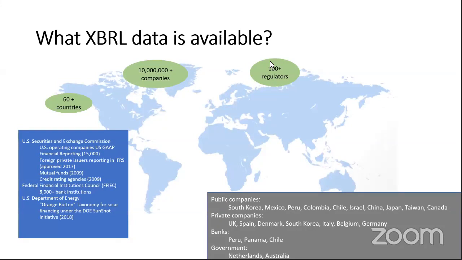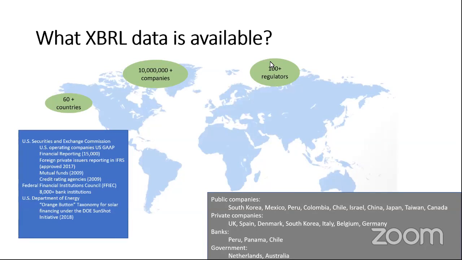So the SEC requires a fair amount of information to be reported. The FFIEC actually began their implementation in 2005, requiring over 8,000 banks to report in XBRL format. So there's a lot of data there as well.